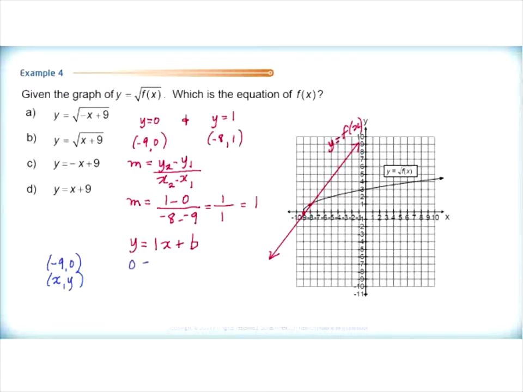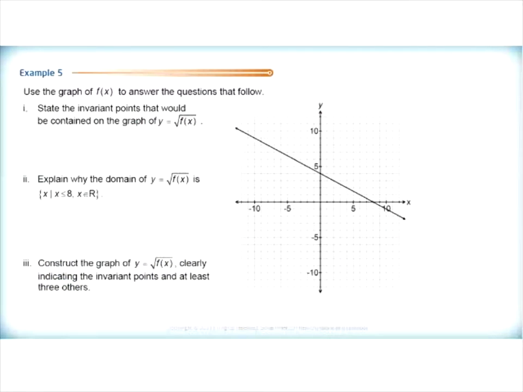So we have y is equal to 0, x is equal to -9, plus b. Bring the 9 to the left-hand side, so we get 9 is equal to b, and then the equation of this linear function is given to be f of x equals x plus 9. And that answer corresponds with D as your multiple choice answer.